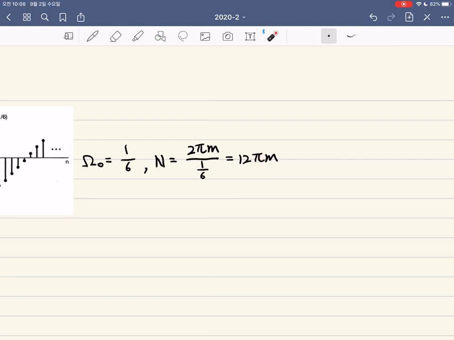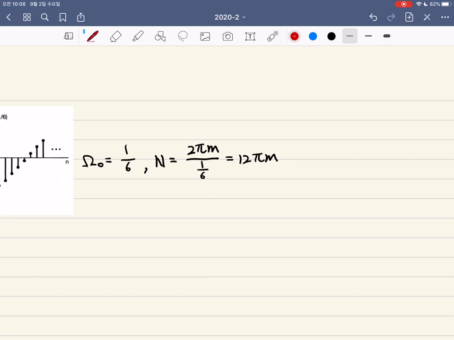Therefore, no matter what integer m you choose, no matter how big or how small, it is impossible to make large N an integer.